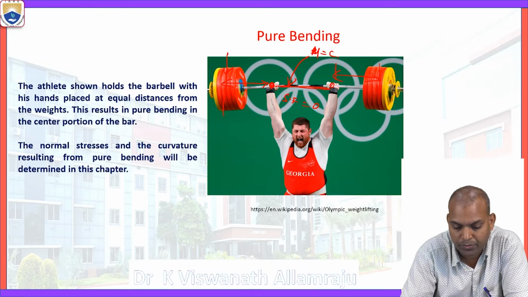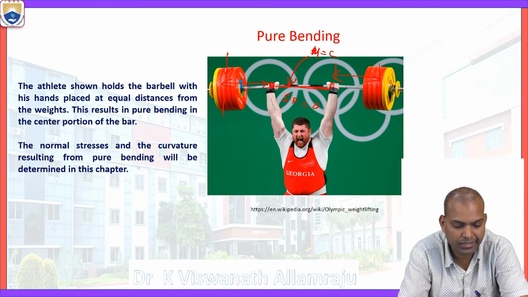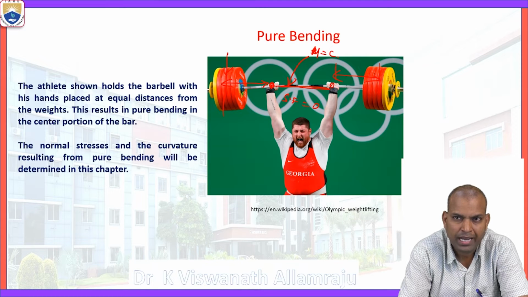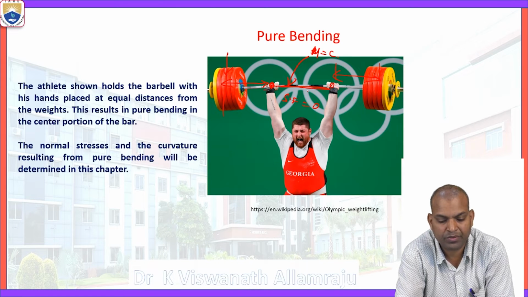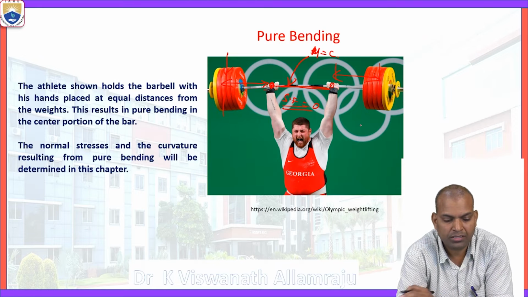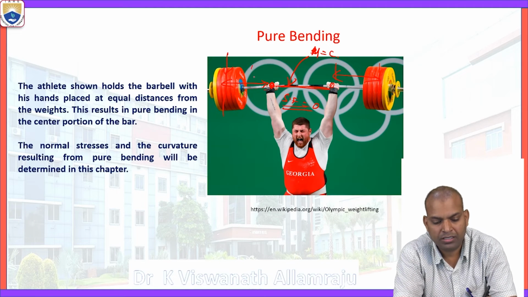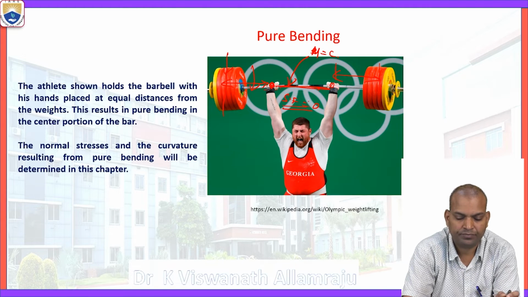The application of pure bending is when the athlete carries the barbell with his hands placed at equal distances from the weights. So there is no shear. That's why the bar doesn't experience failure. It experiences pure bending.